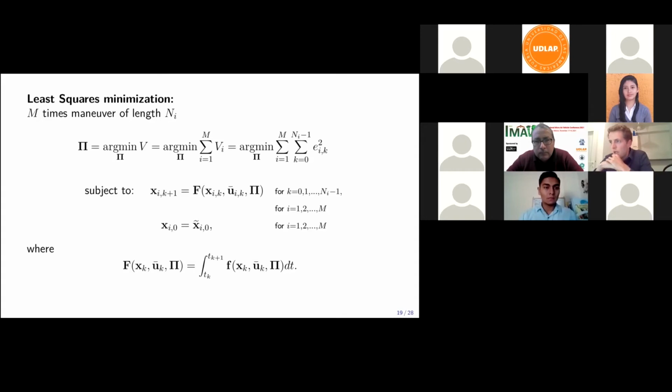This approach really is targeted towards capturing the predictive qualities of the model. So we really simulate and try to get the full simulation over this horizon as close as possible to the measurements.